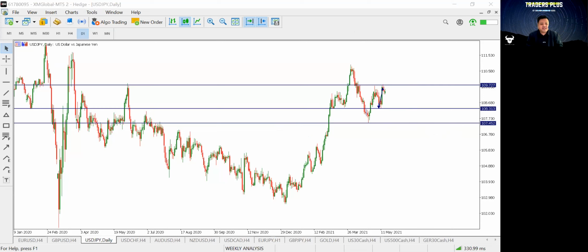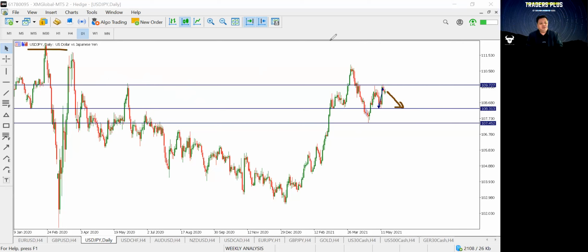Dito, kitang-kita rin yung rejection dito sa resistance area na to. Alright? Yan, no? Strong resistance yan at daily chart to. So, therefore, I am more into the downside here. And as again, this is for most of the yen pairs, whether it's CAD JPY or Euro JPY, GBP JPY, USD JPY.